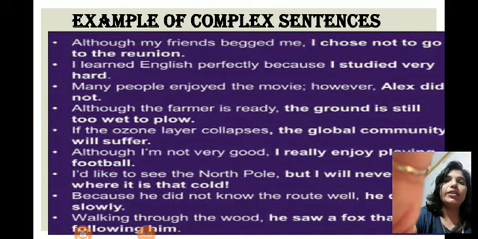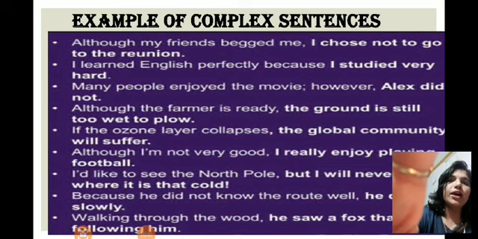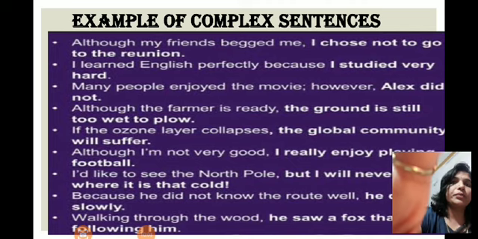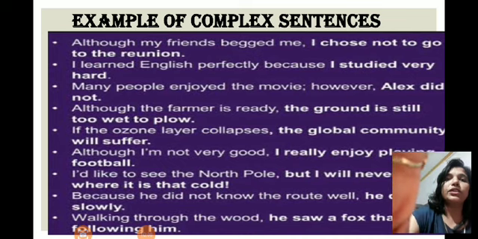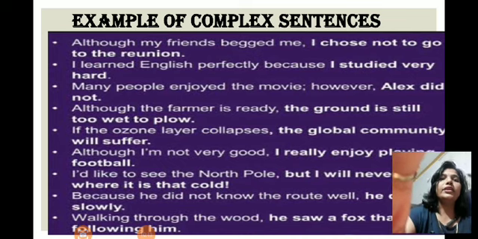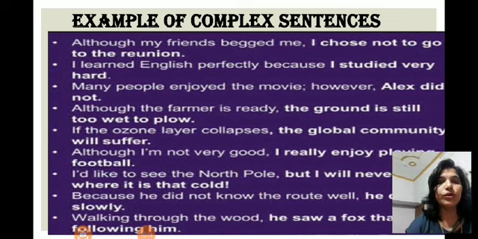In the same way, 'I learned English perfectly because I studied very hard.' 'I learned English perfectly' is the main clause. How is it dependent? 'Because I studied very hard' explains how. You can see further examples, and I'm going to close the video here. Have a happy learning, children.